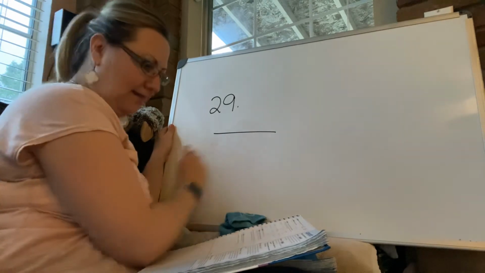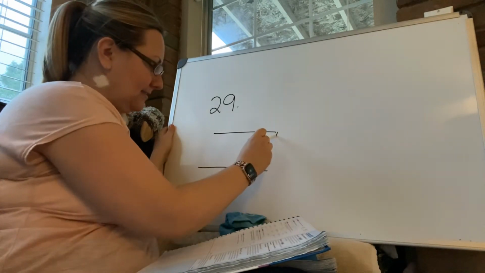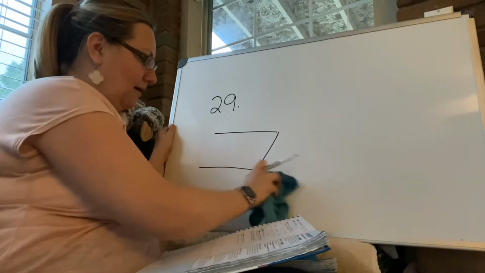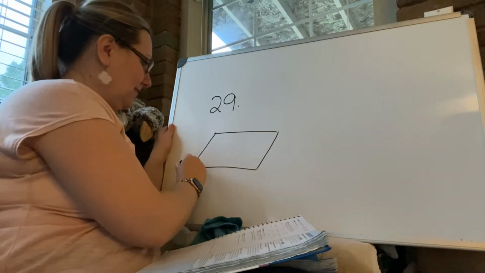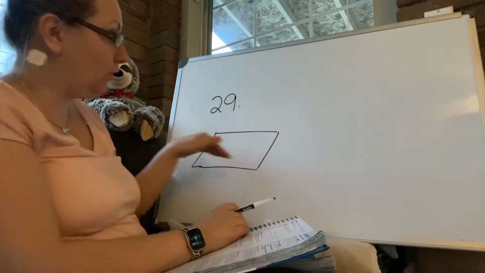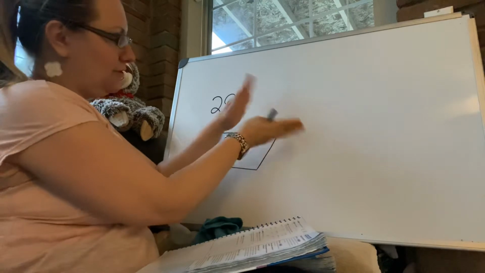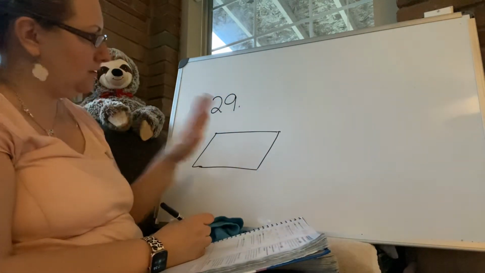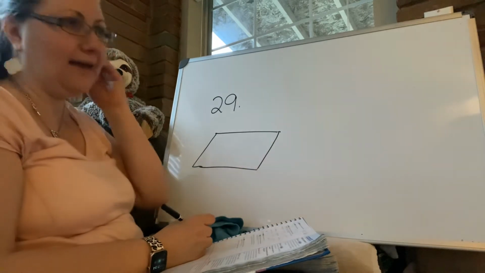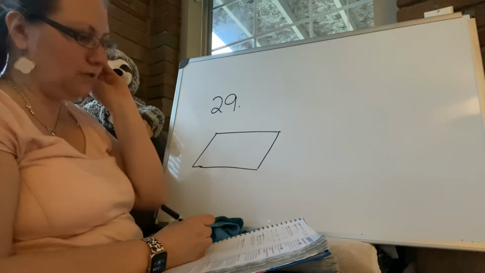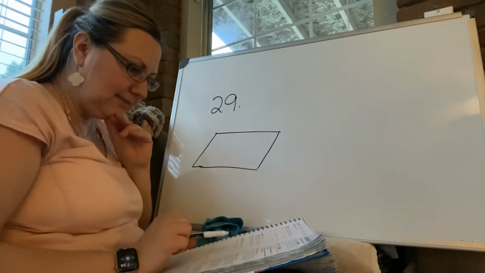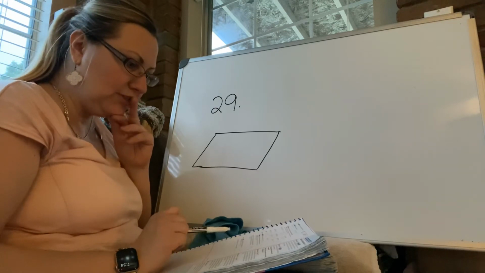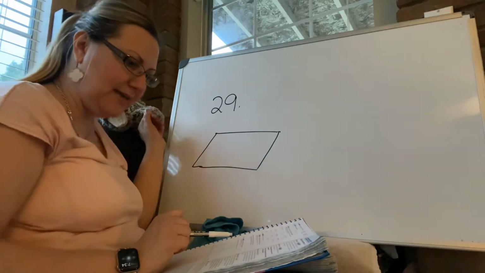Okay, here we have a polygon that looks something like this. We say it's a polygon because it's a flat, closed, completely closed shape. There's no openings. And it's two-dimensional, so it's a flat, closed shape. Let's see. It says, which side appears to be parallel to side AD?